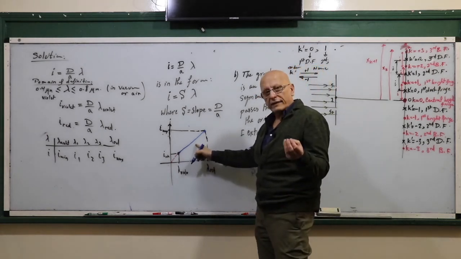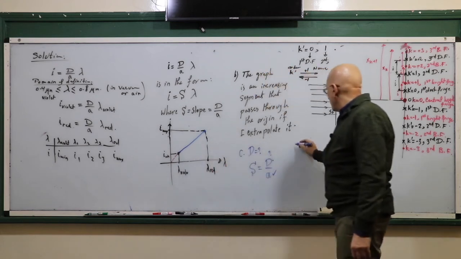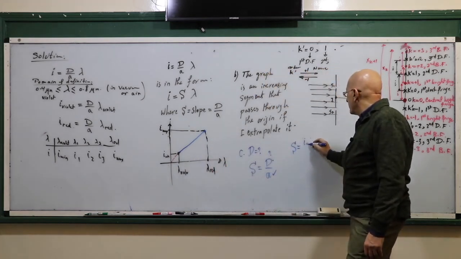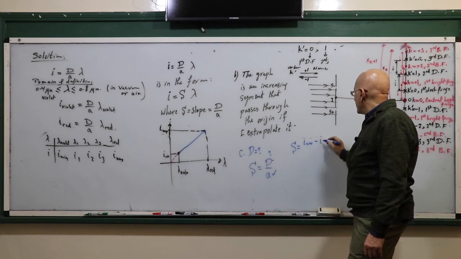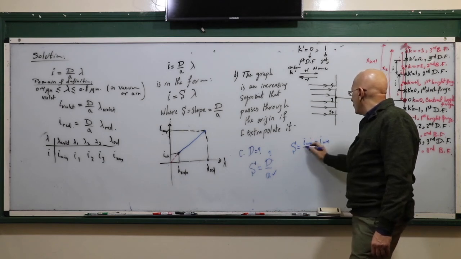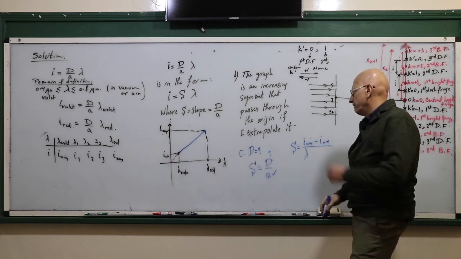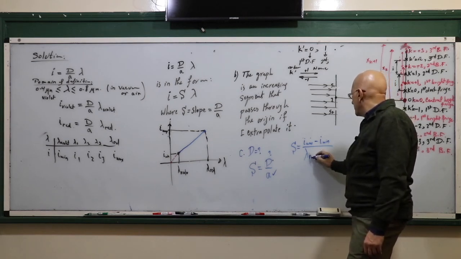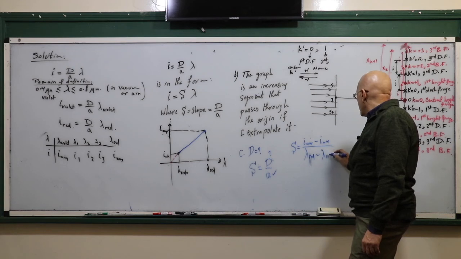I can find the slope from the segment. So S equals what? I maximum minus I minimum over lambda red minus lambda violet.